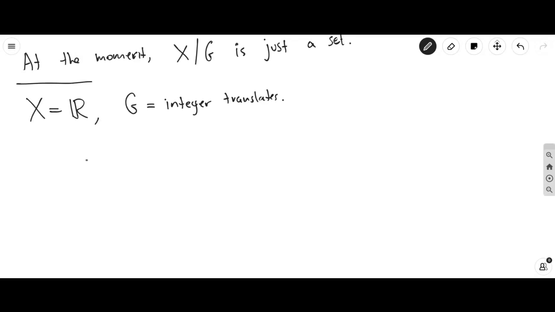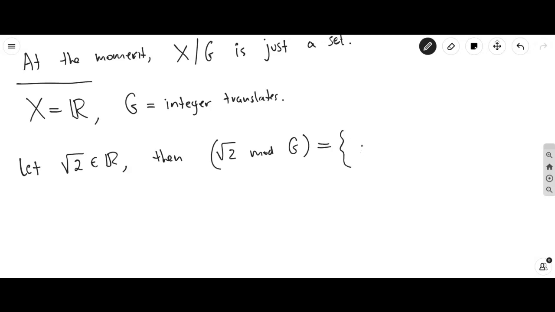So if you take, for example, your favorite real number, let's say square root of 2. Then square root of 2 mod G would be the set of all translates of that element.